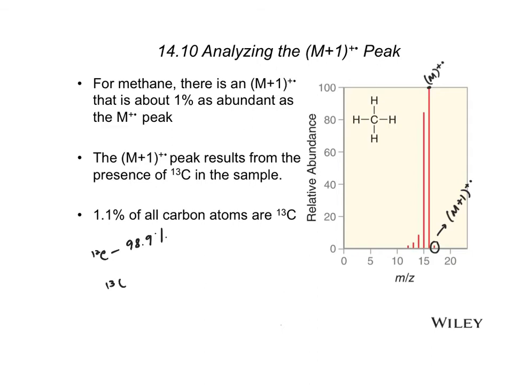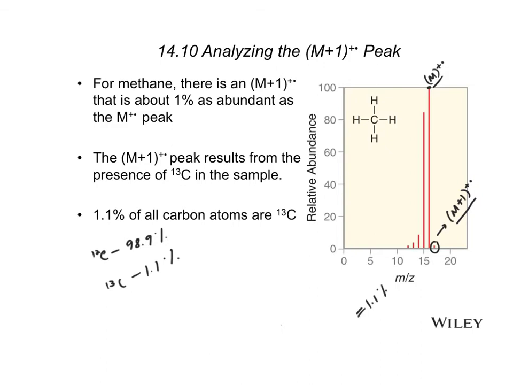That is the M plus 1 peak. Now, what is the percent abundance of carbon-13? 1.1%, okay? And so what we will find for this guy is that this M plus 1 peak is 1.1% of our molecular ion peak. And that's because 1.1% of those carbon atoms are carbon-13, okay? Now this is kind of the big part. This is what you're really going to get out of mass spec.